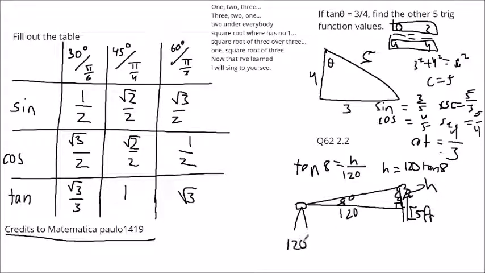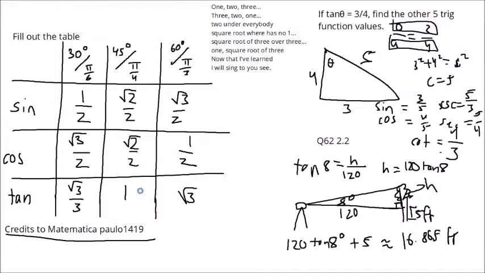So the answer is 120 tan 8 degrees plus 5. And that's, I think I worked it in my book. It's question 62. So it's about 16.865 feet.